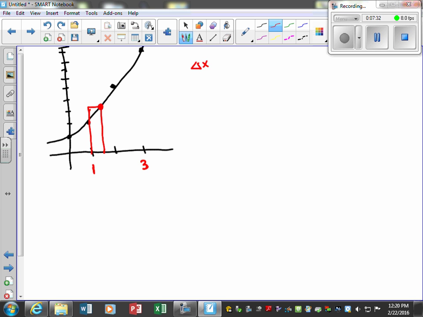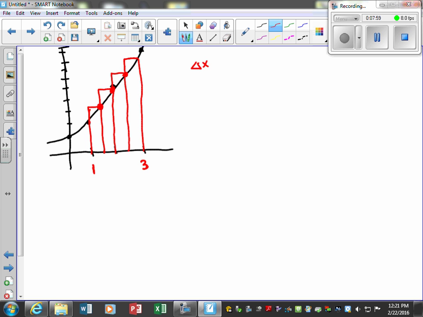And so this is my right hand endpoint, so to say. Now I'm going to go over 1/2. Delta x is 1/2. If I go up till I hit the function and then come back over, that's going to be where it hits the function. I'll do 1/2 again. And so this is our overestimation. So it's with right hand endpoints.